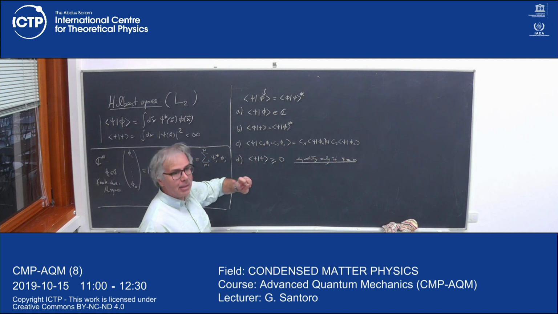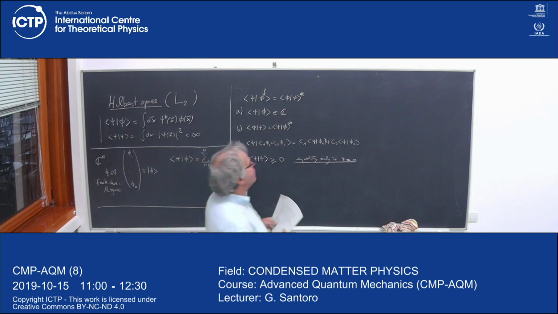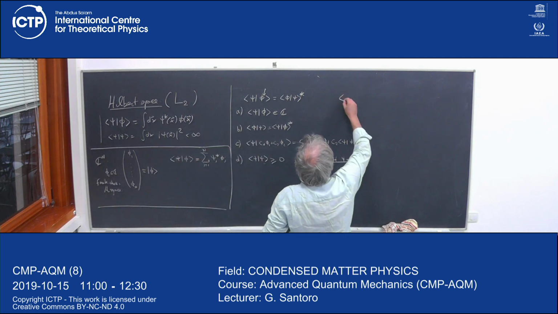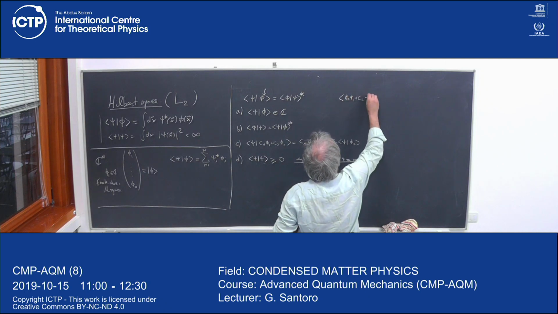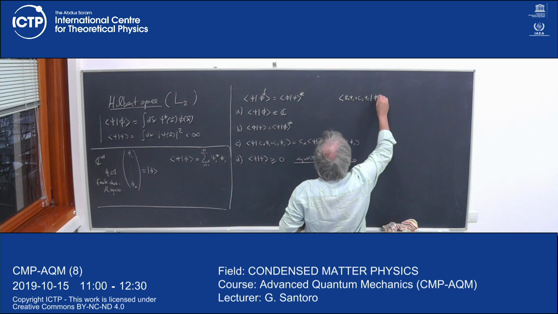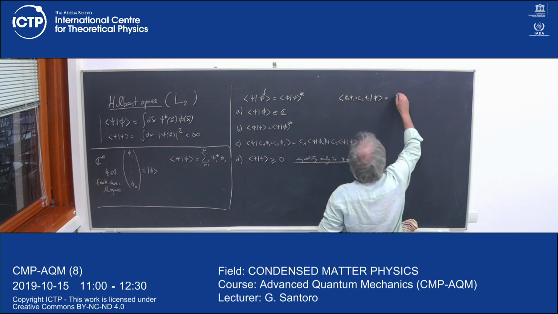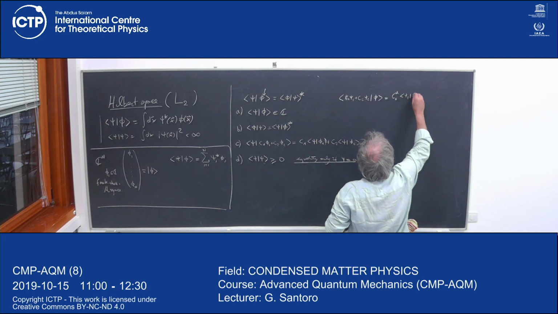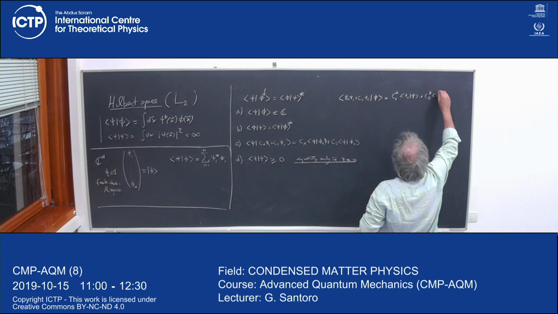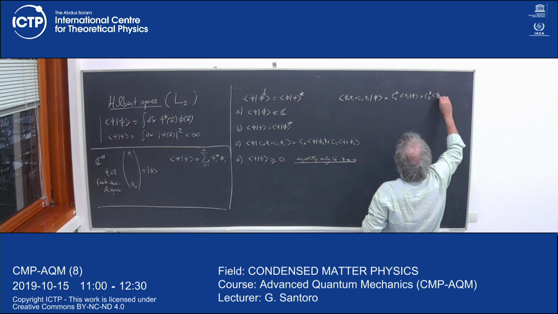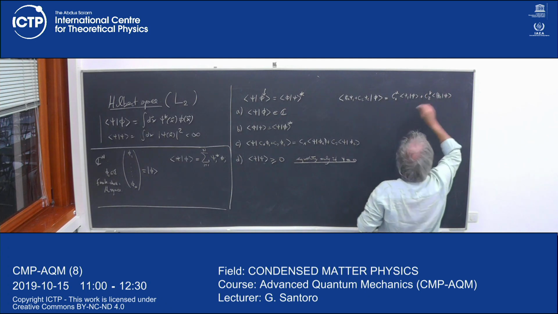But careful, there is a star appearing. So if I do the following, C1 psi 1 plus C2 psi 2, phi, then the result is C1 star psi 1 phi plus C2 star psi 2 phi.